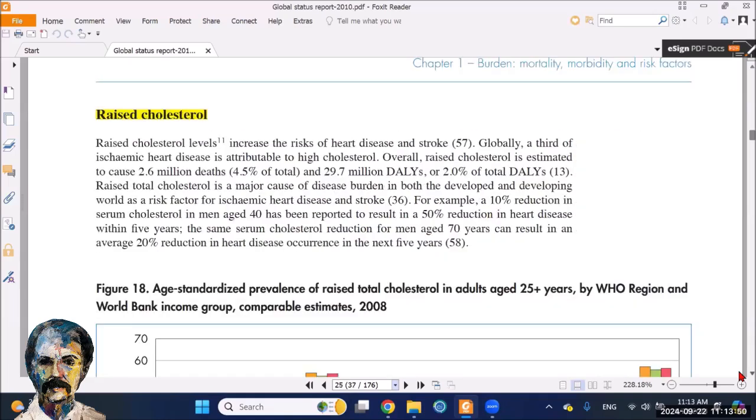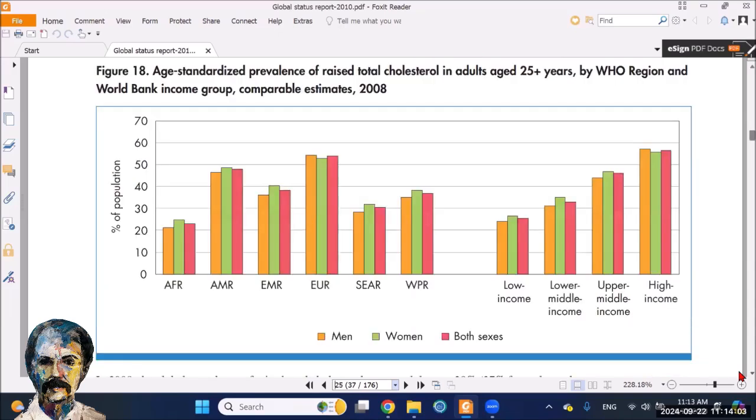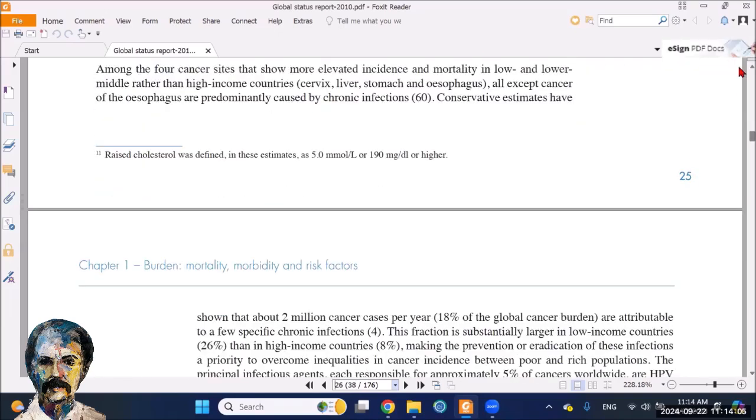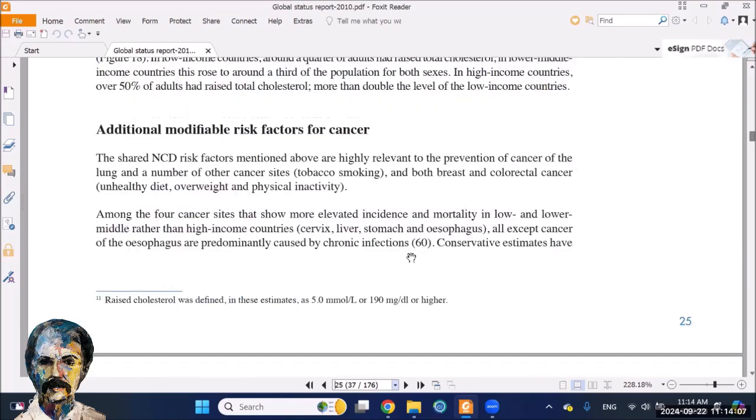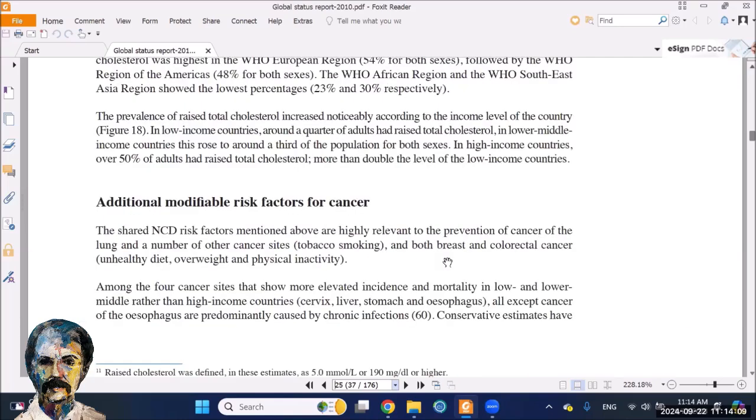Raised cholesterol level: if you have a higher cholesterol level, most probably heart disease and stroke. And there are additional modifiable risk factors of cancer. These, highlighted in yellow, are the major risk factors for NCDs that WHO highlights. Okay, let's get back to the lecture.